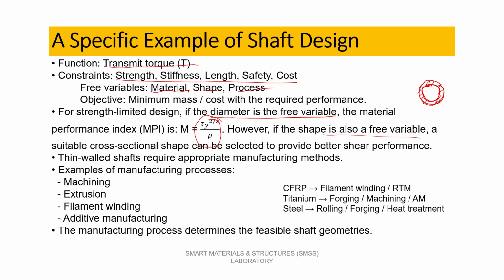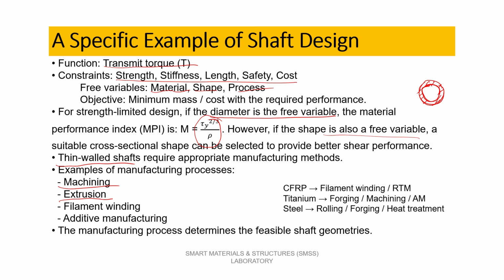And if it is a thick shaft versus a thin wall shaft, the result is going to be even further different. Now, you see, I choose any one of these geometries, the next question is what manufacturing process. If it is a simple solid shaft, machining would have been all right, but if it is a hollow shaft, for some material like aluminum you can use extrusion.